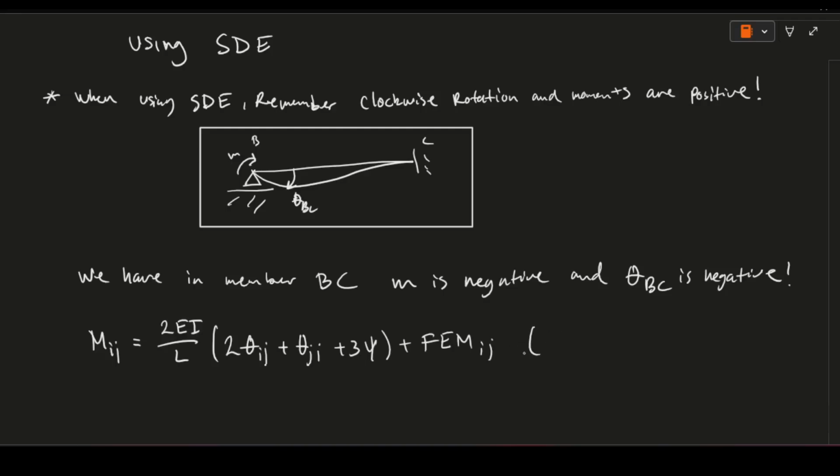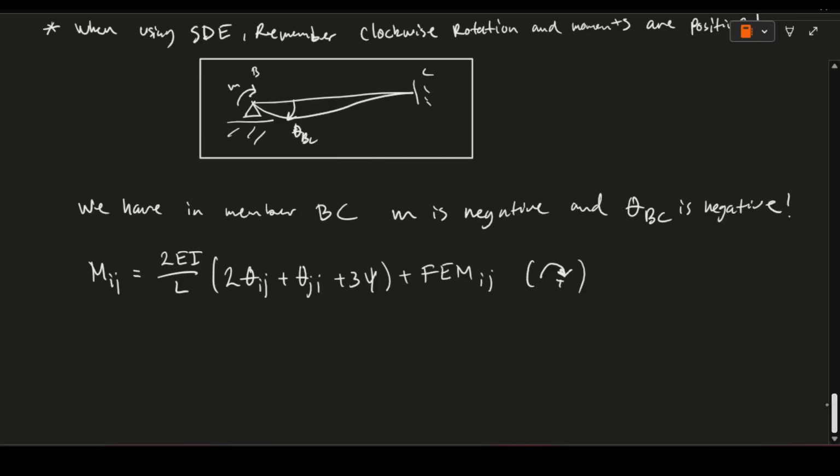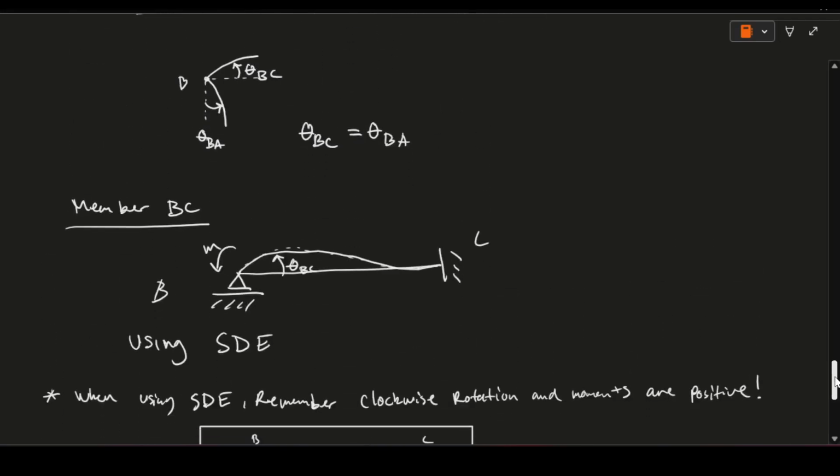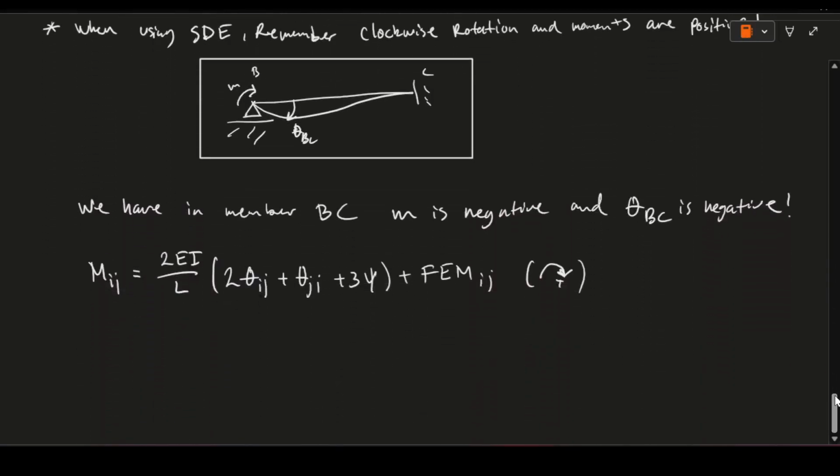This is for positive clockwise rotation. Since we have a counterclockwise moment and a counterclockwise angle, we need to add those in.